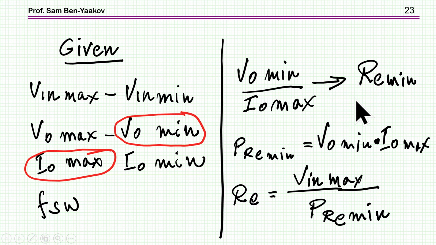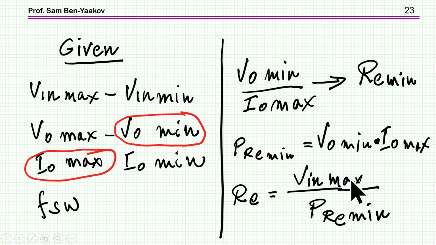So therefore, when calculating R sub E, I'm going to take V in over P related to these two. That is V out minimum times I out maximum. This is reflecting the case of the smallest resistance. And therefore, this will be the smallest resistance that I'm expecting in the real system.